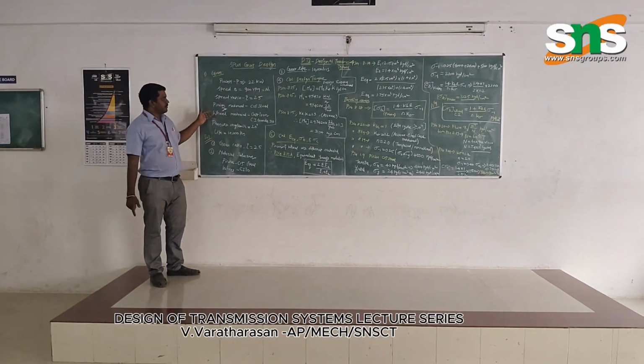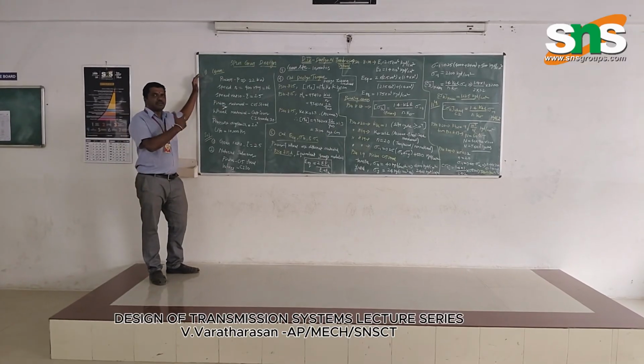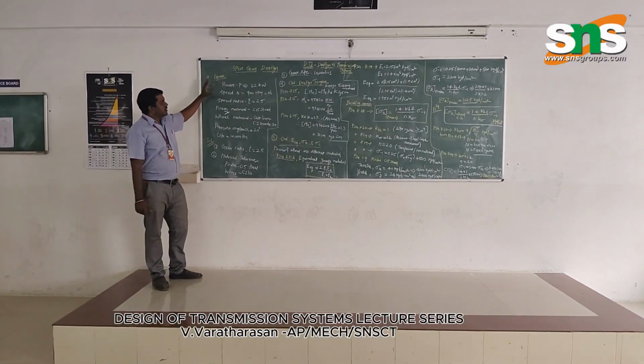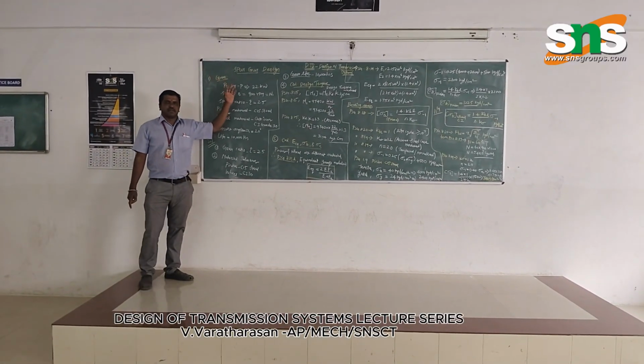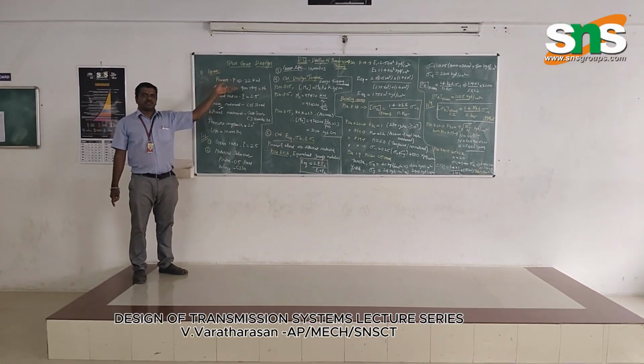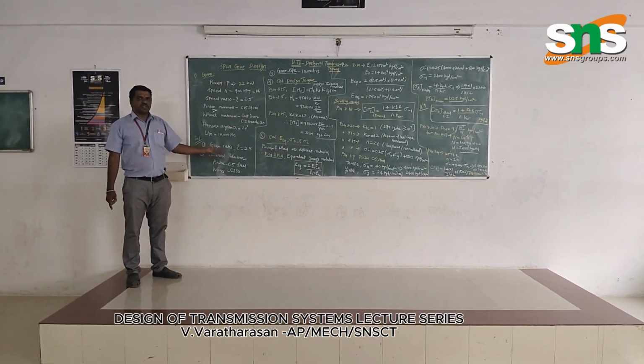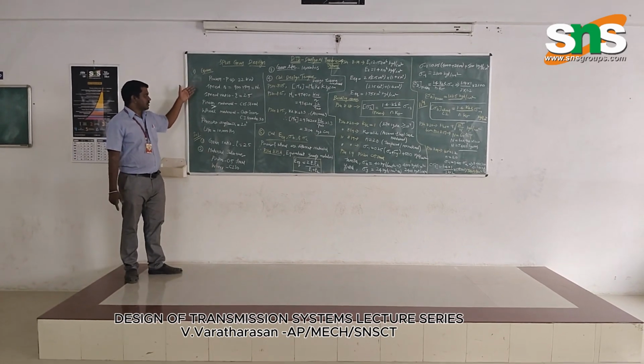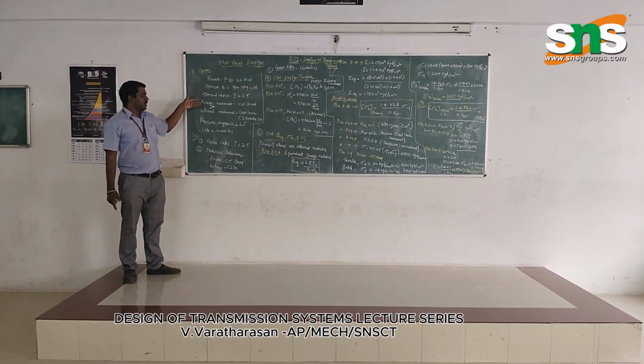Now today we are going to see the application based. Here various applications are available, like compressor, rolling mill, machining, and various types of machine operations. Here also we are using the pinion and wheel material.